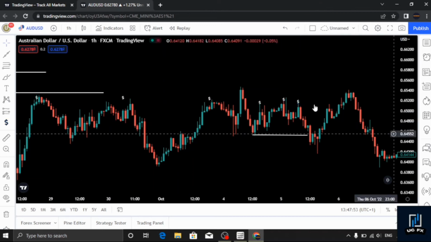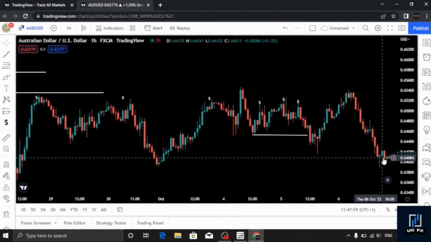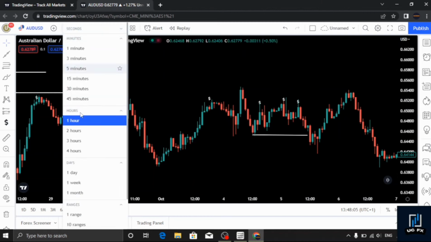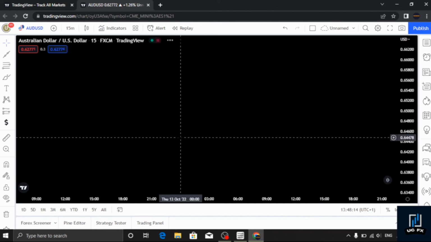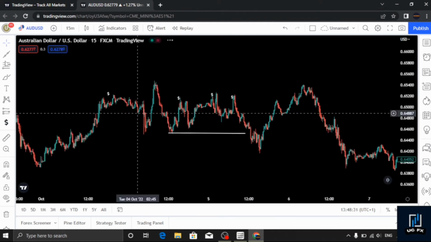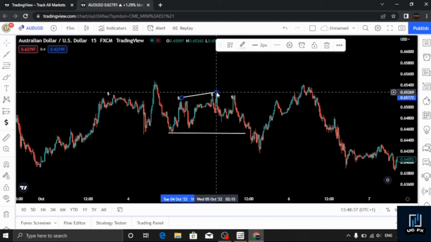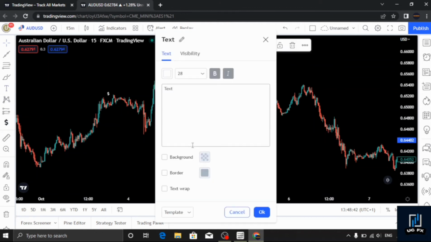So these are all liquidities being taken out. Price took out liquidity and tapped into a lower time frame order block before moving downwards. So let's go down to the 15 minutes time frame to see this clearly. So this is the 15 minutes time frame, and this is our liquidity being taken out, and then this is our break of structure.